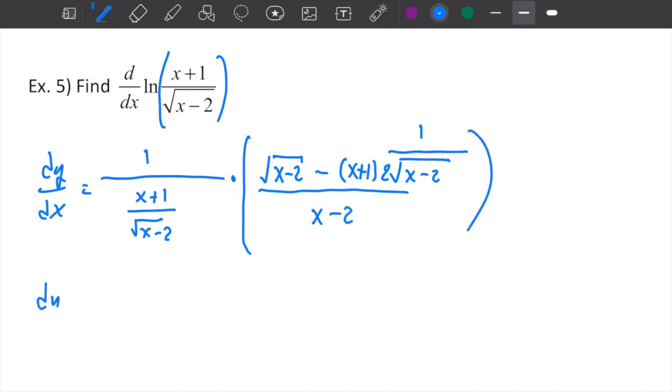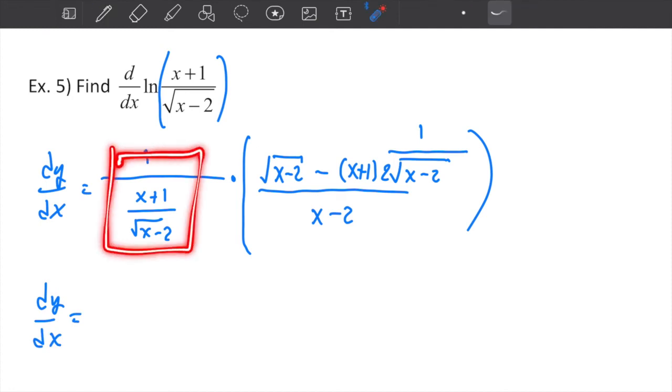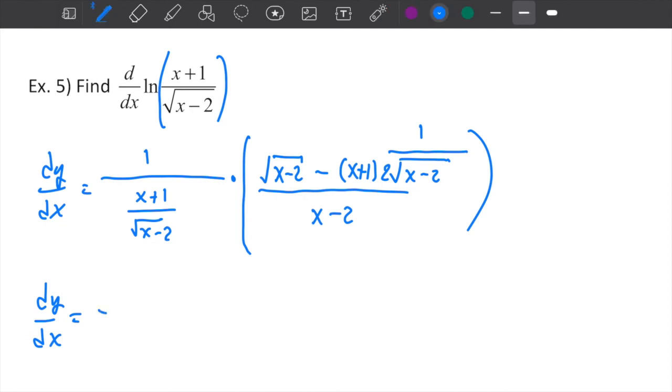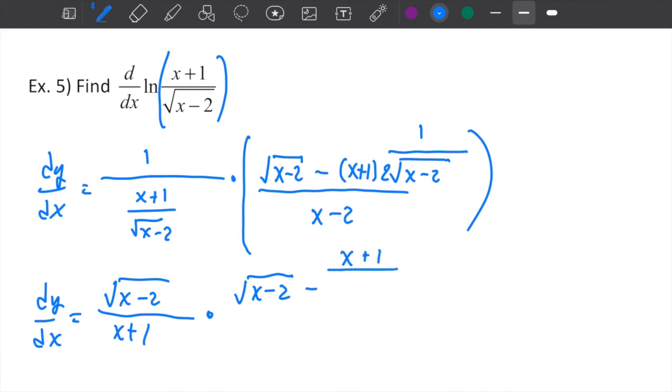Neatening this up, dy/dx, the first statement, we have 1 over x plus 1 over the radical x minus 2. That's the reciprocal. So this turns into square root of x minus 2 over x plus 1. We're multiplying by square root of x minus 2 minus, let's neaten that up, that is minus x plus 1 over 2 root x minus 2, all over x minus 2.